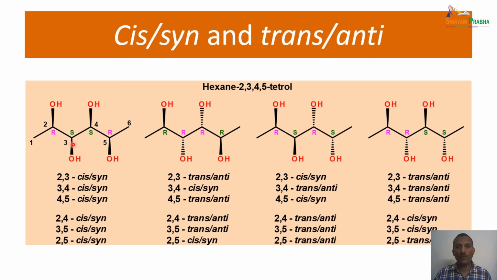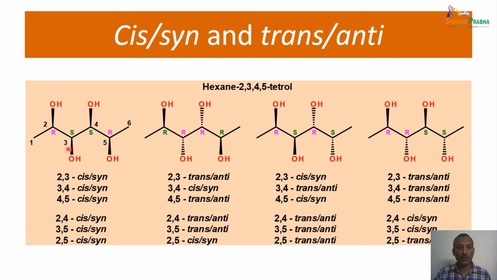The major difference between cis and trans arrangements and syn-anti arrangement is that the cis or the syn arrangement can be assigned not only to the adjacent carbon atoms but also to the faraway carbon atoms. This is one of the advantages of using cis or syn, trans or anti arrangement. Here we don't have to restrict ourselves to the adjacent carbons. They can also be assigned to faraway carbons.